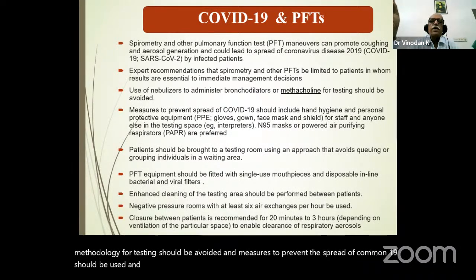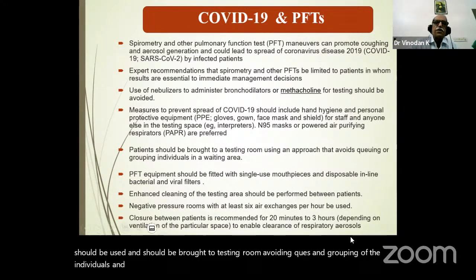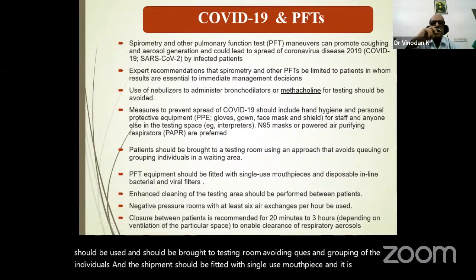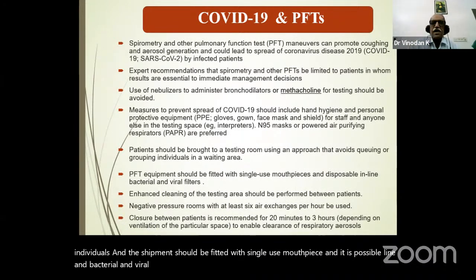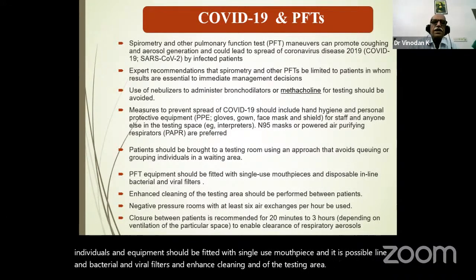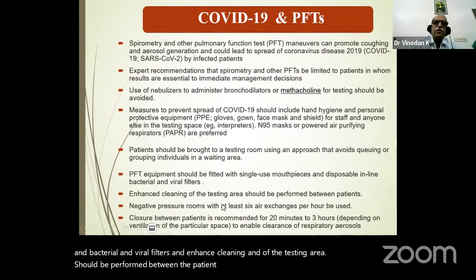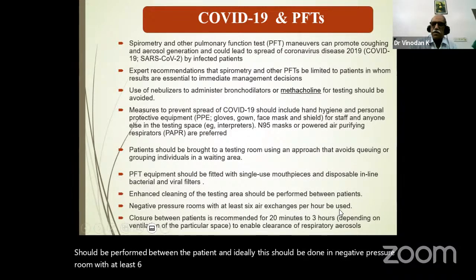Patients should be brought to a testing room, avoiding queues and grouping of individuals, and the equipment should be fitted with single-use mouthpieces and disposable lines and bacterial and viral filters. Enhanced cleaning of the testing area should be performed between patients, and ideally this should be done in a negative pressure room with at least 6 air changes per hour.